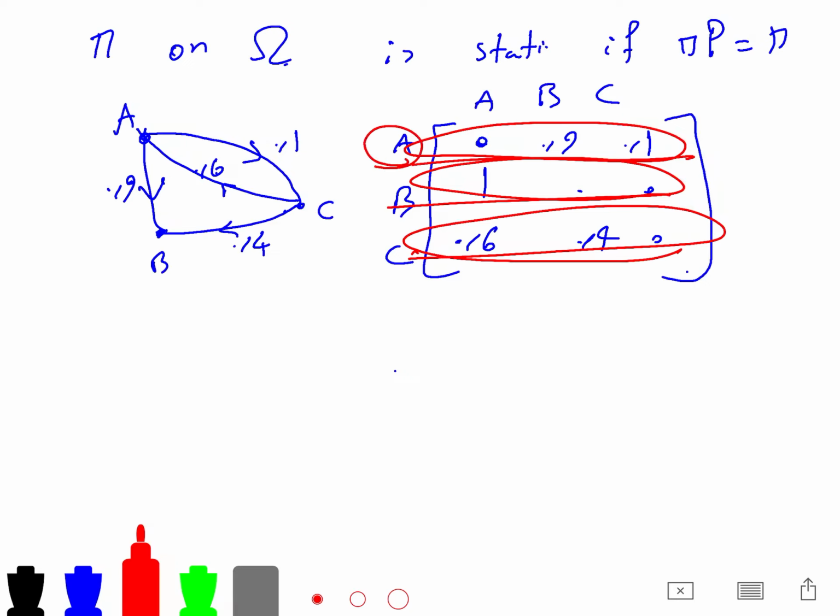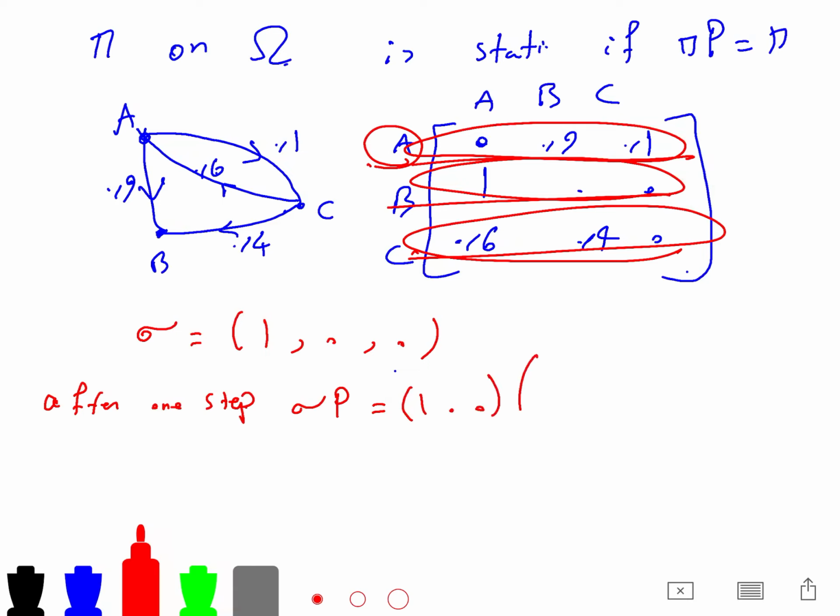So we start with A, and your start distribution is 1, 0, 0. So after one step that your particle moves, sigma P is 1, 0, 0 multiplied by this matrix, and you get 0, 0.9, 0.1.